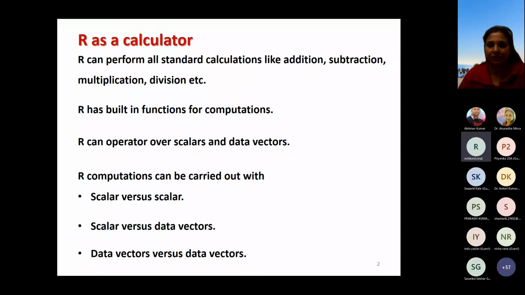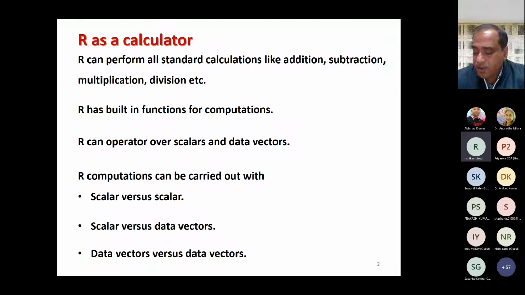Starting from very basic elementary operations to very high-end calculations, everything is possible in R. And because it's free software, people around the world are continuously contributing different types of algorithms. So R gives you an edge over other software: without spending even a single penny, you can use the latest algorithms and all other things.